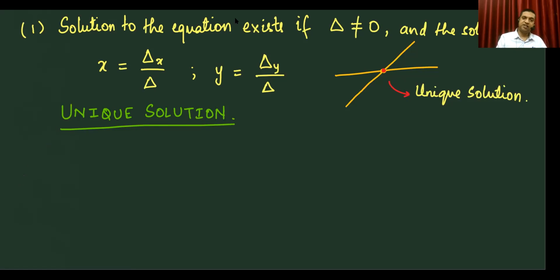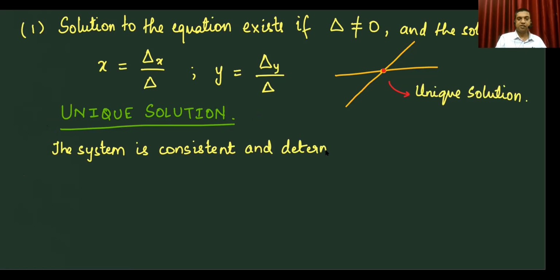We call such a system which has a unique solution as the system is consistent. Consistent means it has solutions, and determinate. Determinate because you have a unique solution.